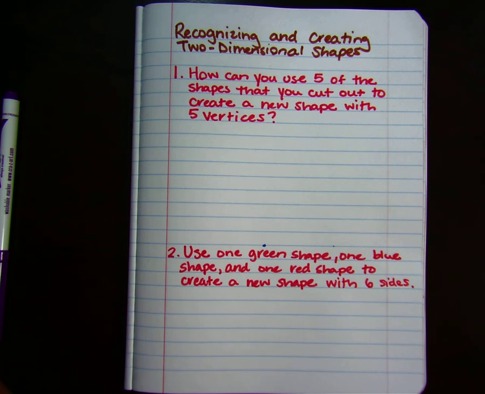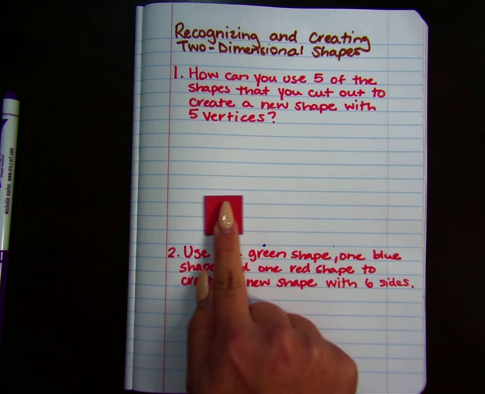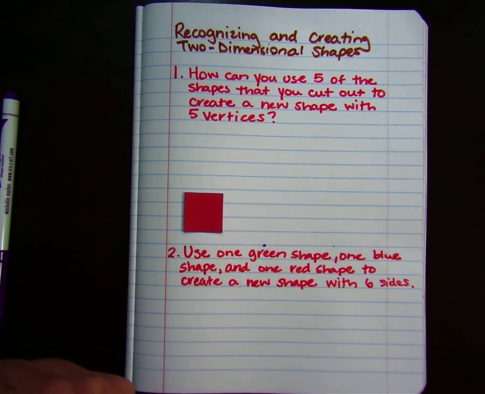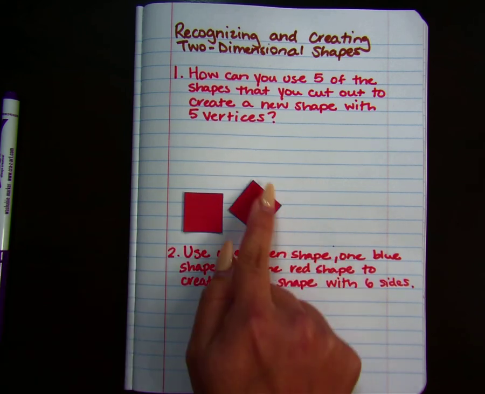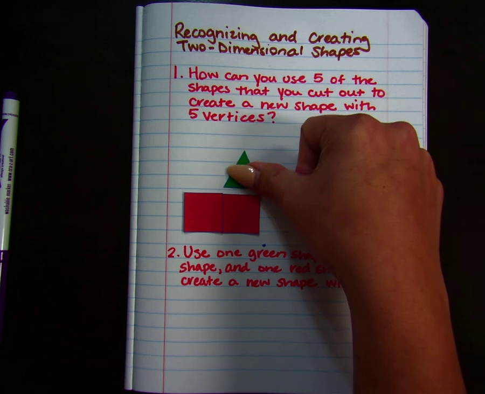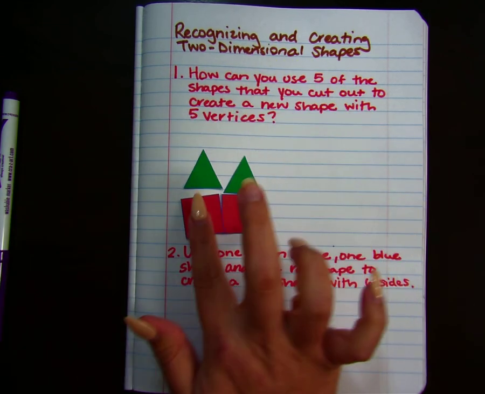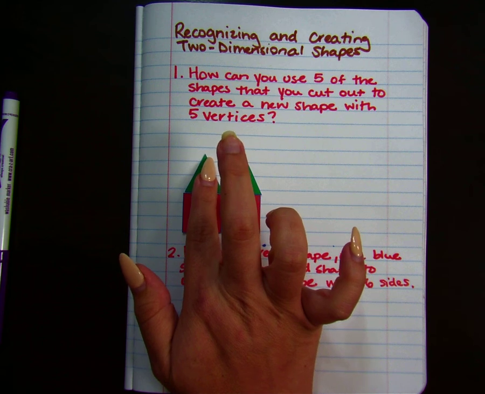Well, there's probably a few different ways you can do that. One of those ways would be by using some squares, maybe some triangles. Let's see how many vertices we have so far.